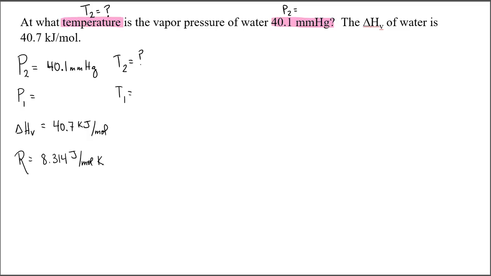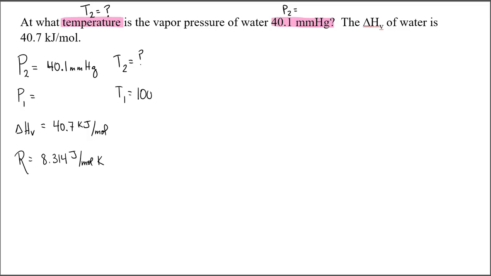Okay, so the biggest thing I'm going to tackle right now is, what's my second set of pressure and temperature? And it is again that whole normal boiling point thing. The normal boiling point of water is 100 degrees Celsius.